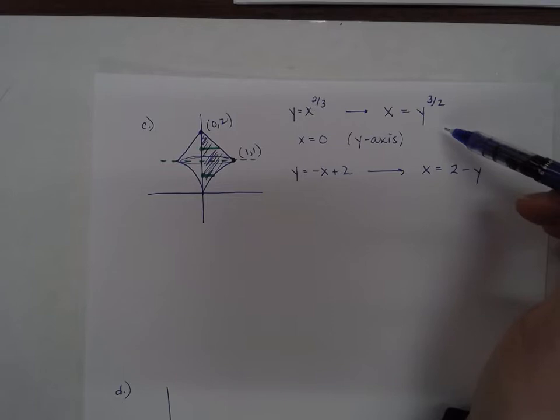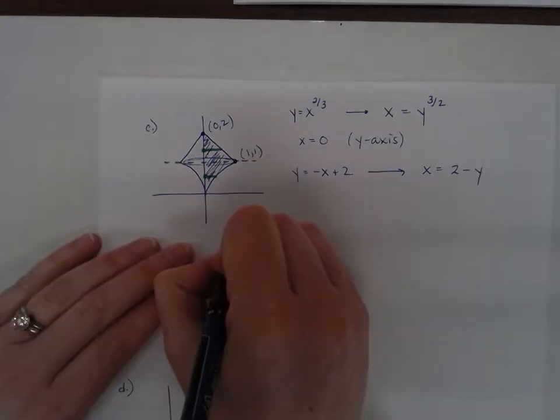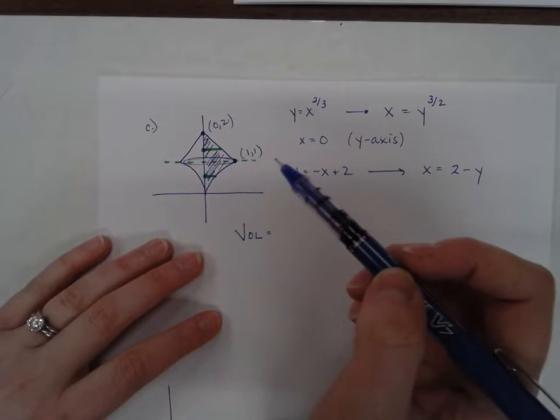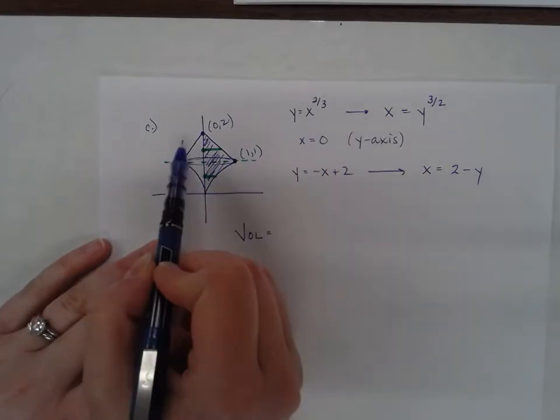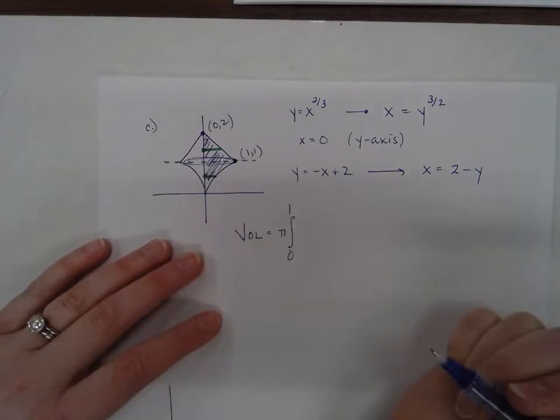So to find the volume, I need to integrate the area of a circle. I'm going to do this twice though. I have to do the bottom half and then the top half. So to find the bottom, pi integral from 0 to 1. Those are from my y coordinates. This right here is the point (0, 0).